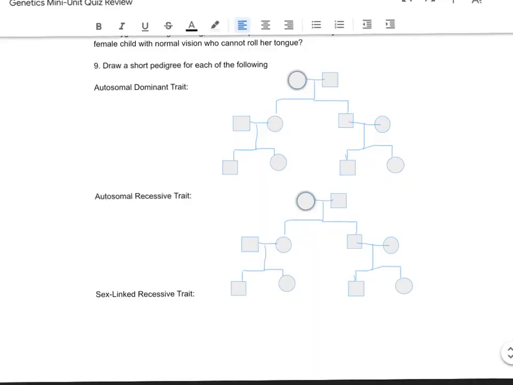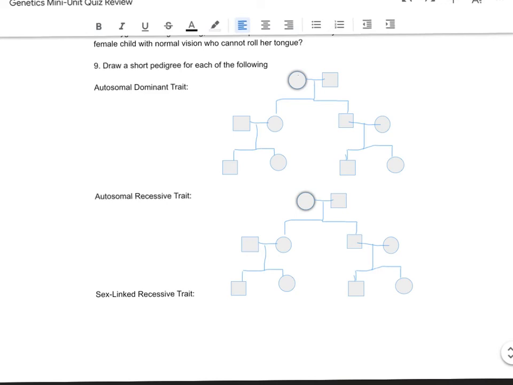Now for these pedigrees, you're going to want to be able to identify traits based on a pedigree, but for this practice, it was just practicing drawing them to see if you could draw something that would fit that pattern. So autosomal dominant trait means not sex-linked and it's dominant.